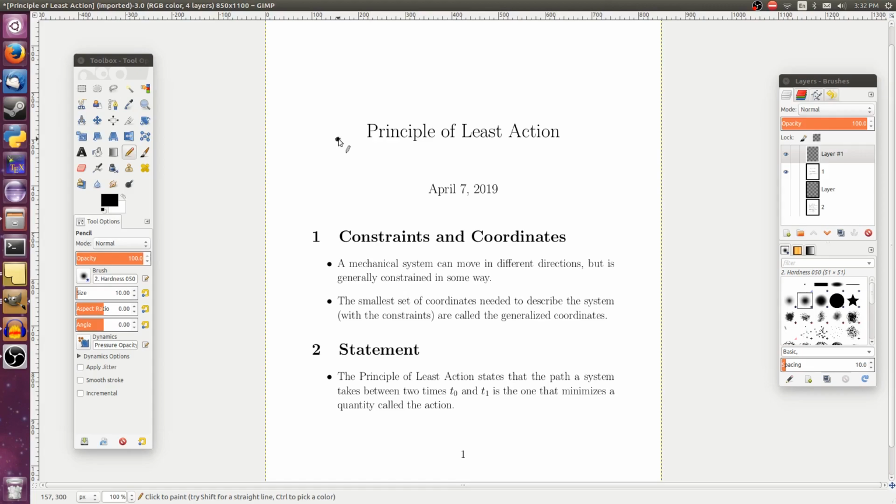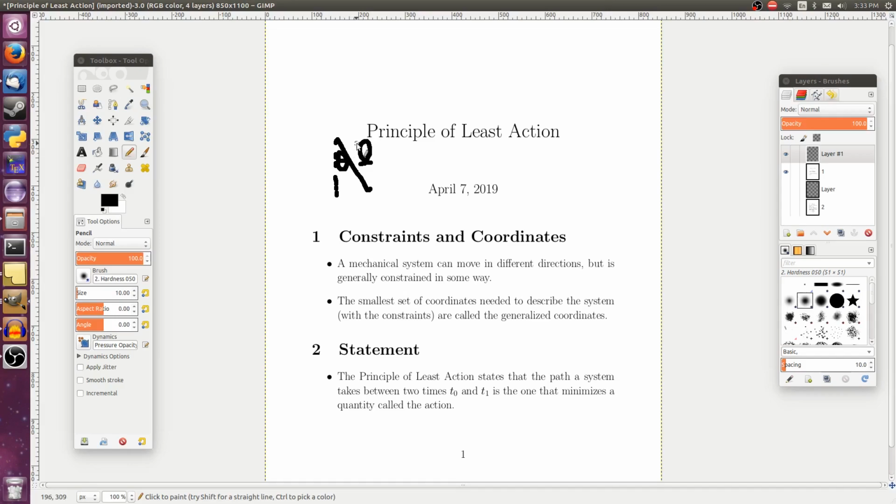For any given mechanical system, it can usually move in a variety of directions, but it's generally constrained in some way. Think, for a concrete example, of a pendulum with length L. This pendulum is constrained so that it only swings about some angle theta.